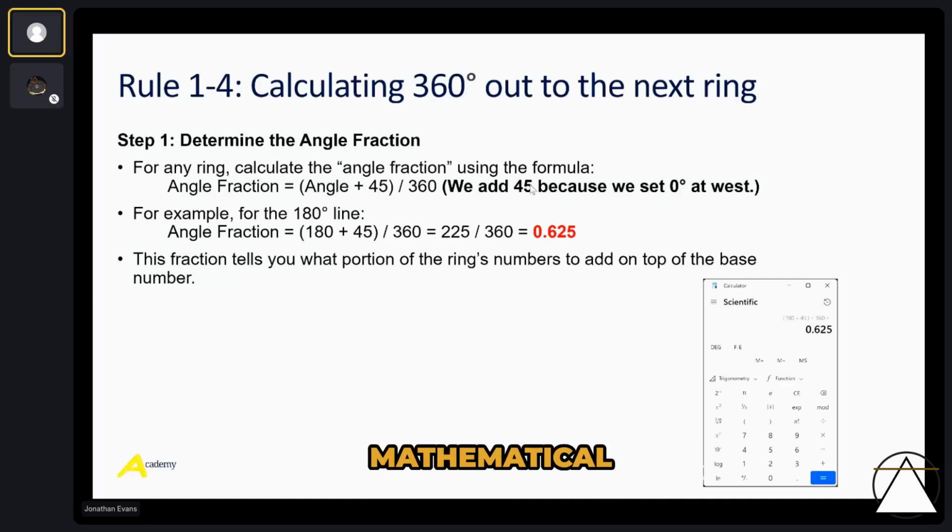In this mathematical equation, we need to align that 0 degrees is actually on the west, okay? So for example, the 180 line, so angle is 180, plus 45 divided by 360 would give us 225 divided by 360, which is 0.625. So this is the angle of 180 degrees. 180 degrees equals 0.625, that's it. Mathematical calculation down here if you want to apply it yourself.